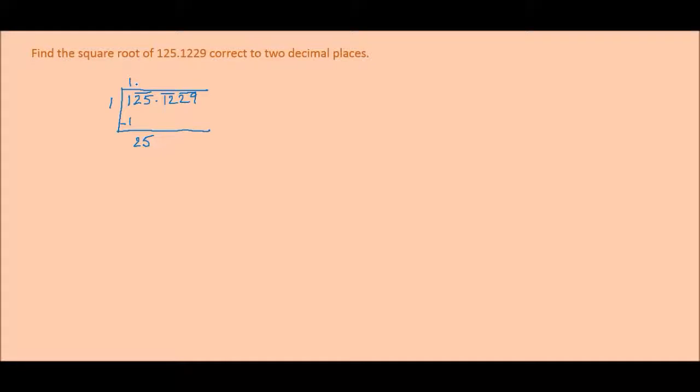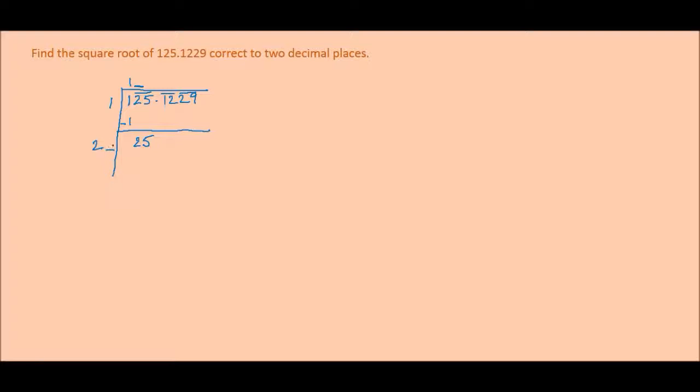Now we have to double this 1. The quotient obtained so far is 1, so we will be doubling this 1 to get a 2. And we have to add one number over here and we will be putting the same number over here as well. That will be the next digit for the final quotient. That will be our S. What can we take as the number?